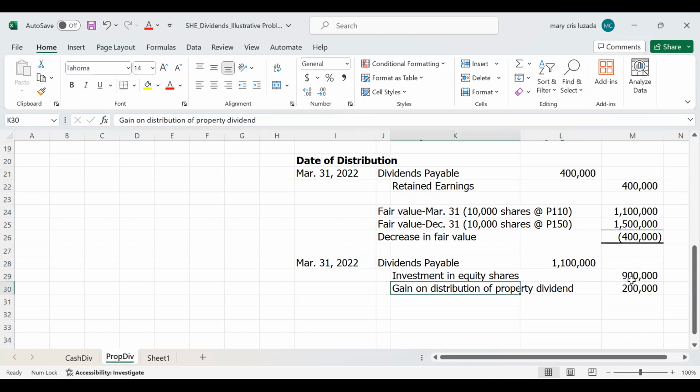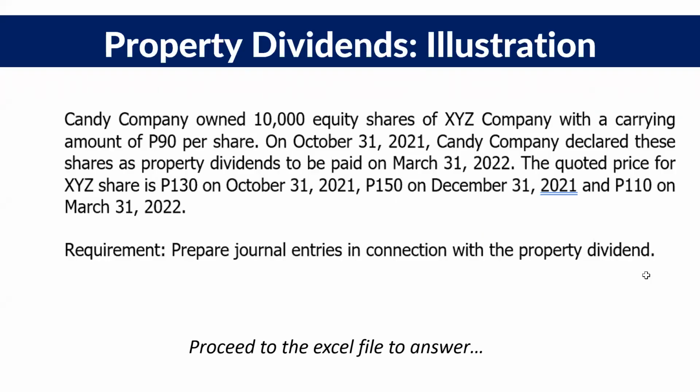So we have an excess: a gain on distribution of property dividend amounting to 200,000. This gain will be reported in your profit and loss statement. I hope that was clear, and that you understood how to account for property dividends.